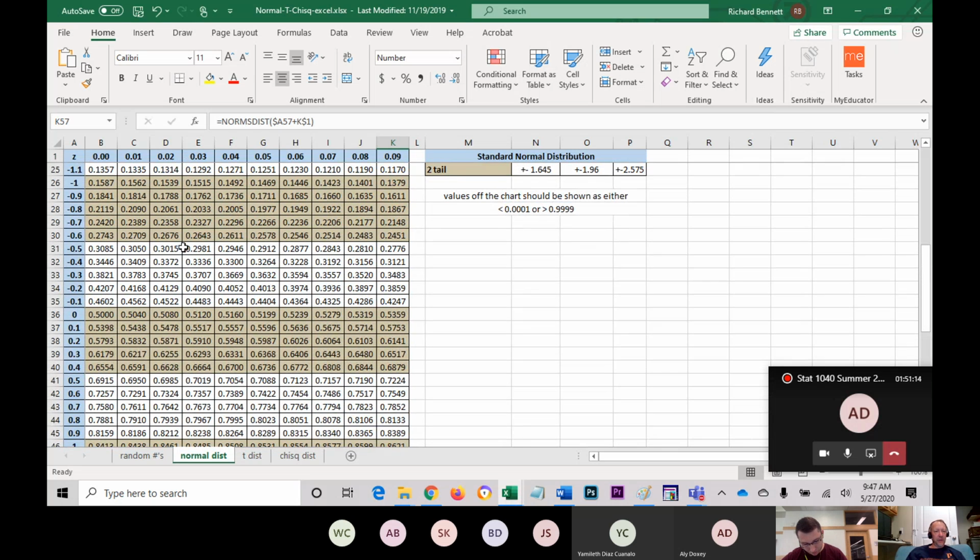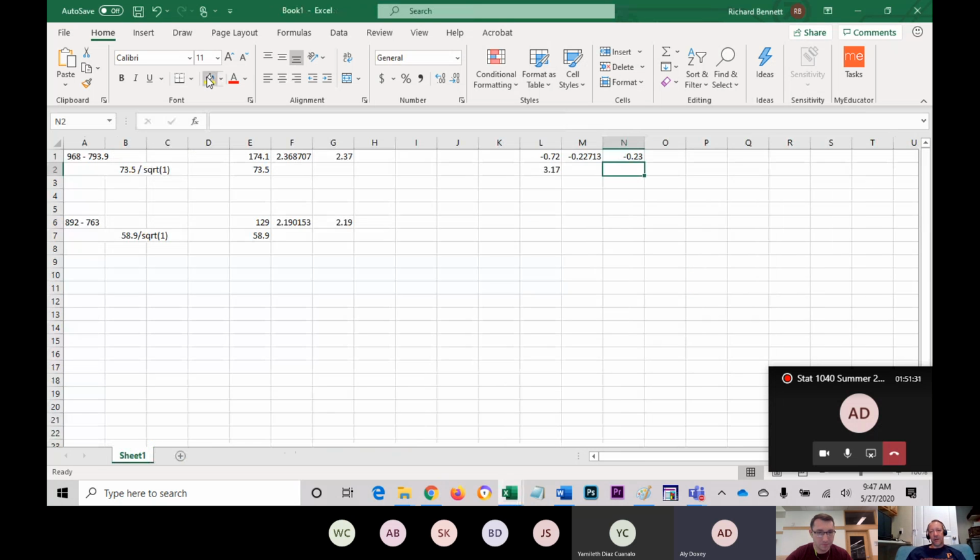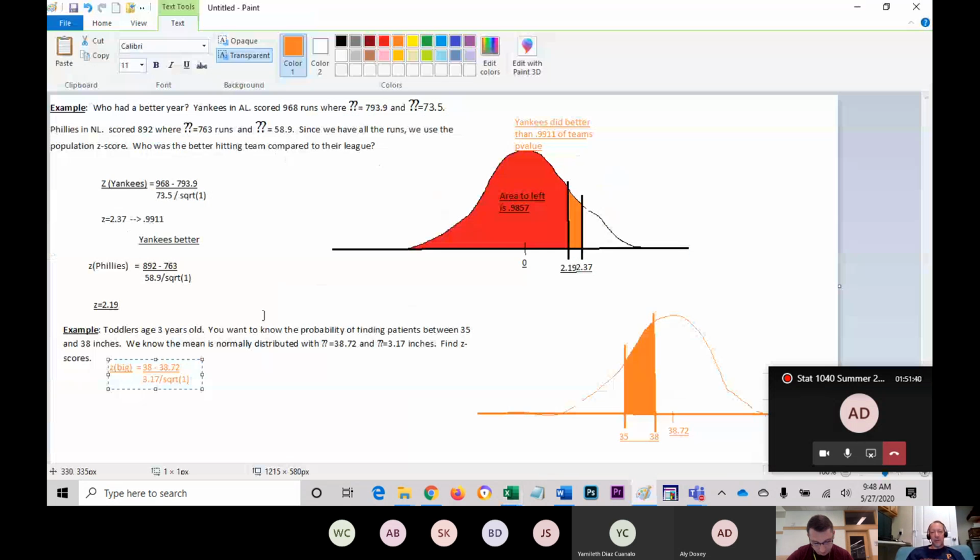Negative 0.23, what's that value? Can you see it? It's 0.4129. Wait, no, sorry, that's 0.4090. Okay. So this value here corresponds to, so basically we're saying that 40% of toddlers are 38 inches or less, okay?